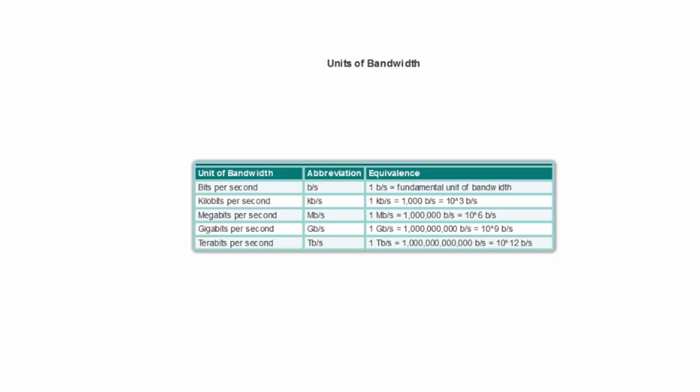So the different physical media support the transfer of bits, and usually the amount of bits that can be transferred over a particular media is measured using what we call bandwidth. So bandwidth measures the amount of bits that can transfer over a specific physical media, and it's measured using units like bits per second or kilobits per second, which is like 1000 bits per second, megabits per second, and so on.